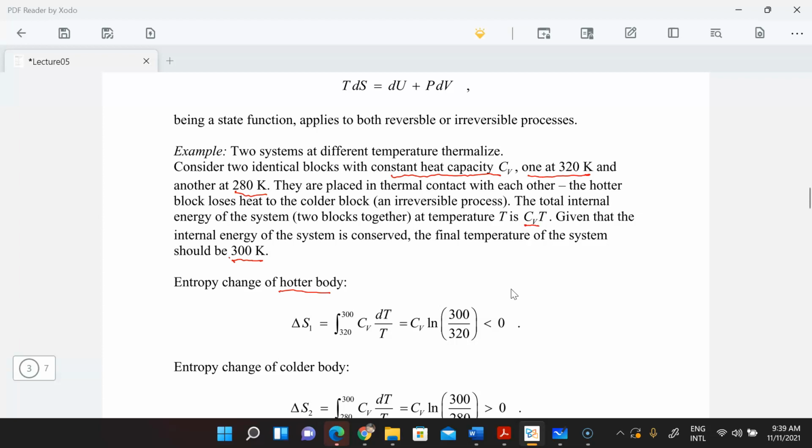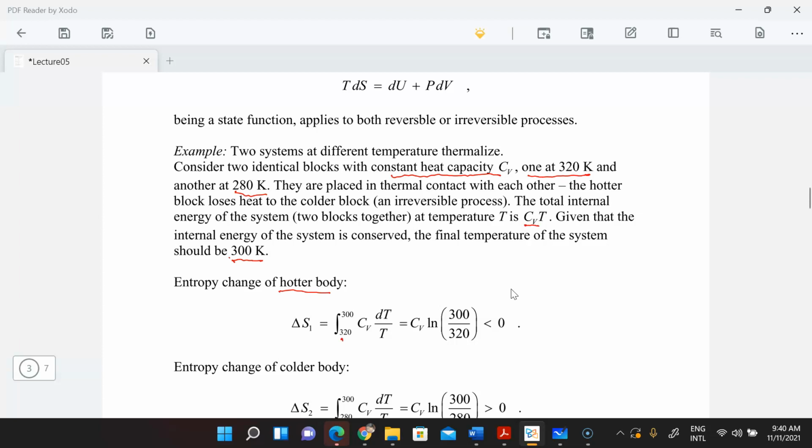This is coming from a previous lecture, I think, if I'm not mistaken. Okay, so then you can integrate this part. CV is just a constant here, and then you can integrate dT over T, but you have to remember what the limits are over here.